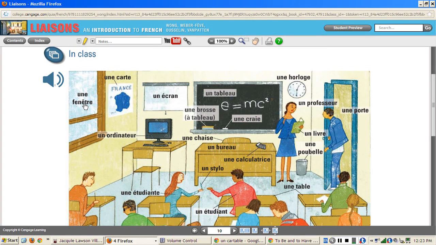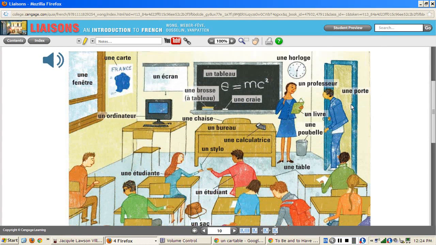Une fenêtre, a window, une fenêtre, une carte, un écran, un tableau, une brosse, or une brosse à tableau, if you want to be more specific, for eraser, une craie, chalk, une horloge, it's the clock up on the wall, the wall clock, un professeur, une porte, that's the doorway, un livre, is the book.